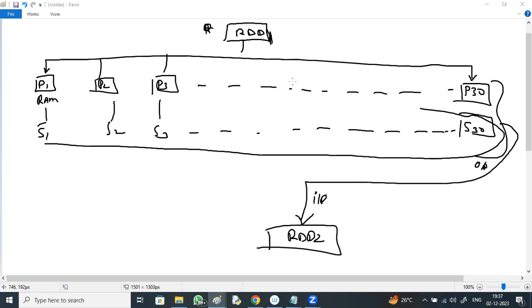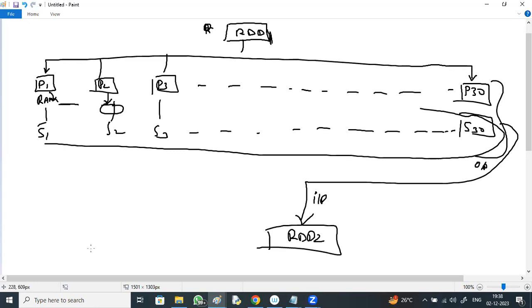First, in P1, whatever partitions are there, you will get the ranks. P2 should be compared with everything, right? It should compare with the first 100 ranks.